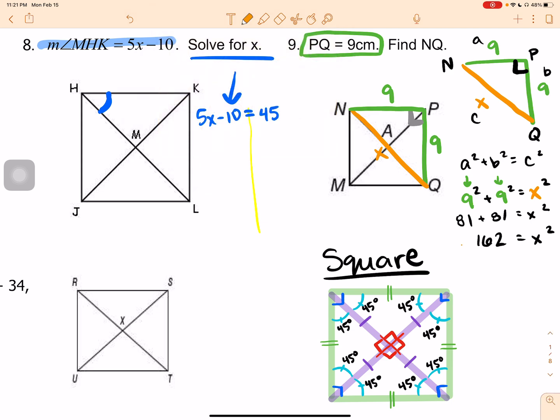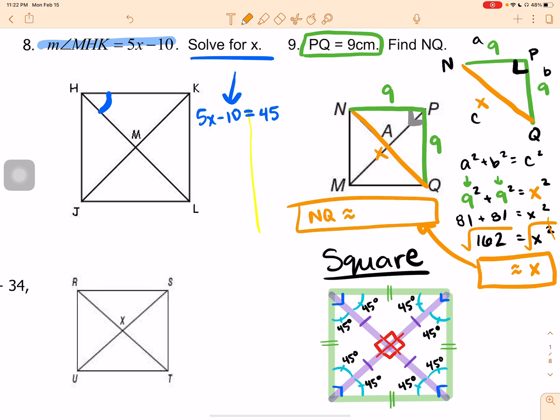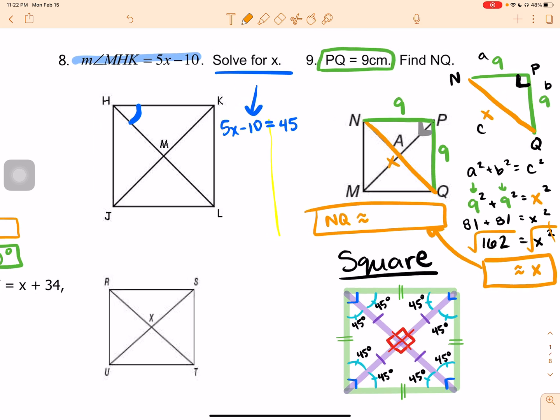You take the square root of both sides, you are going to get a decimal, and that's fine. You'll say x is about equal to blank. So that is the side of NQ. You'll say NQ is about equal to blank. Okay? And it's fine if it's a decimal, just round it to the nearest hundredths place.